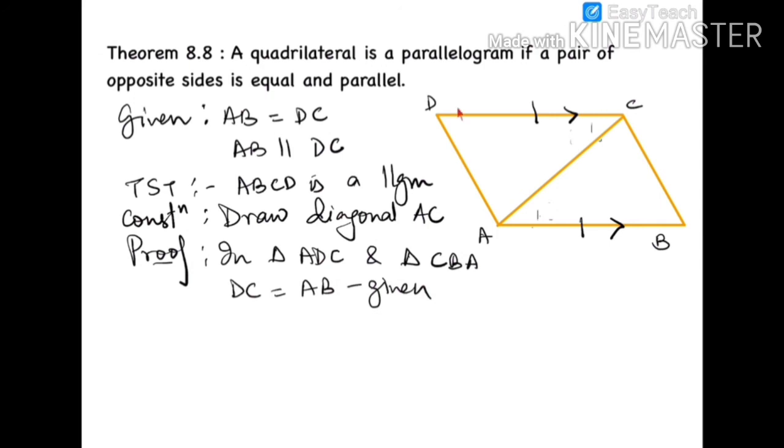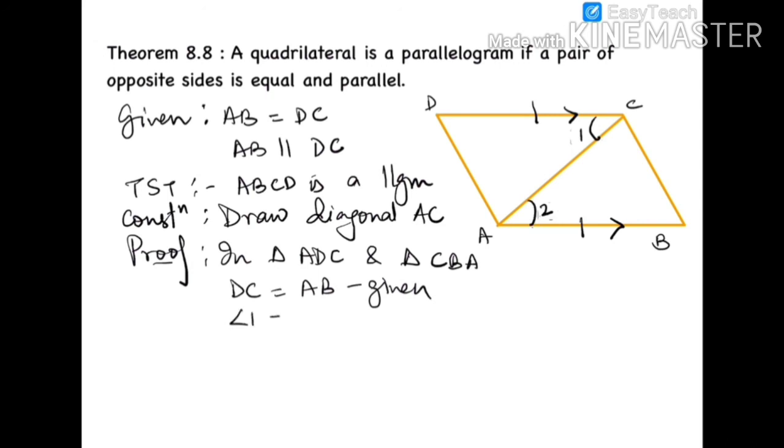Also, since DC is parallel to AB, if we consider AC as the transversal, then angle DCA will be equal to angle CAB. Let's mark these two angles as 1 and 2.